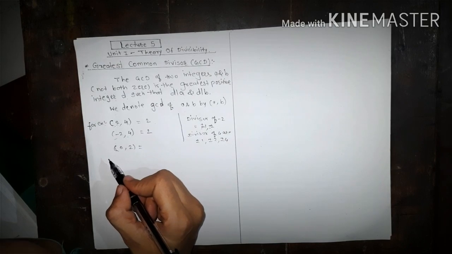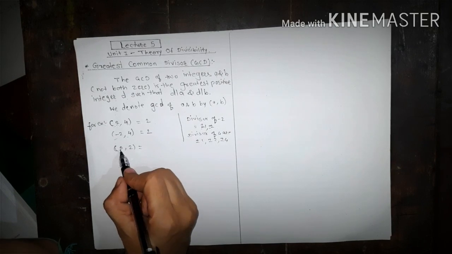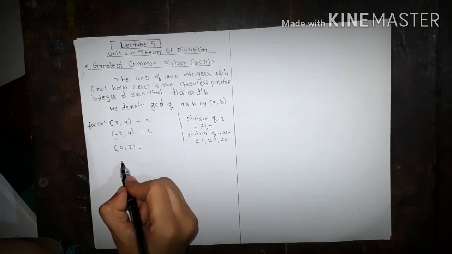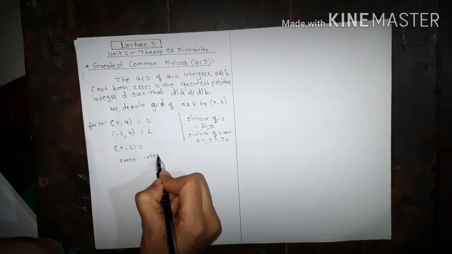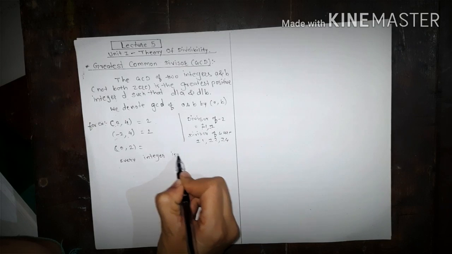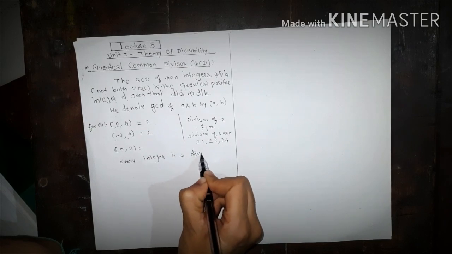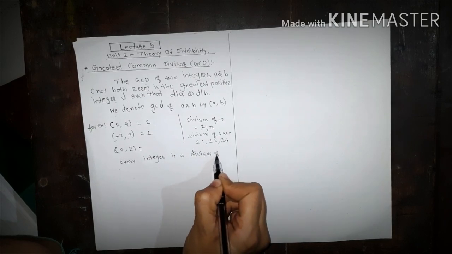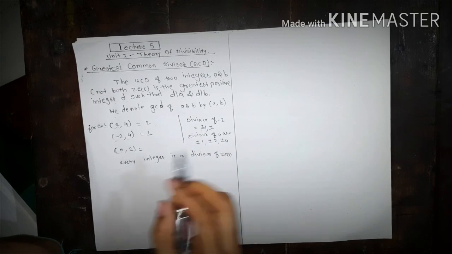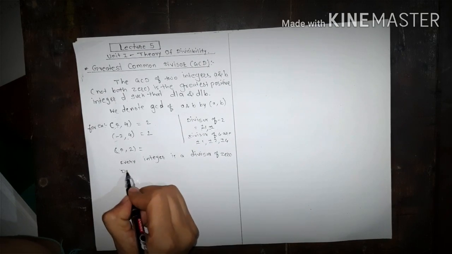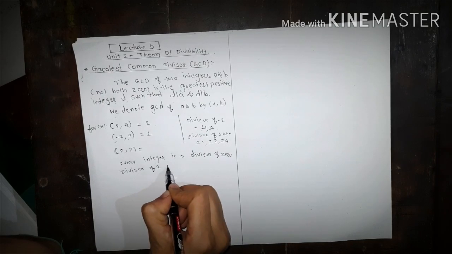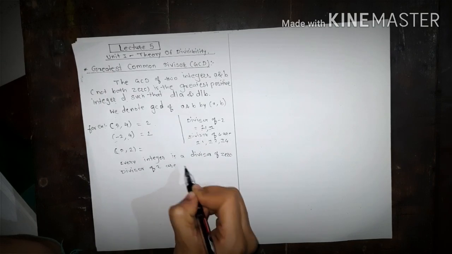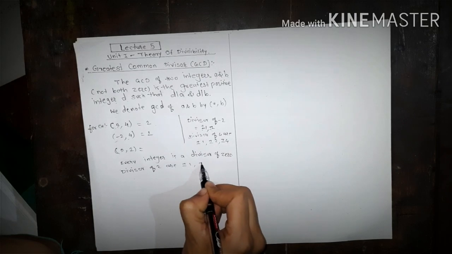That is, every integer is a divisor of 0, and the divisors of 2 are plus minus 1 and plus minus 2.